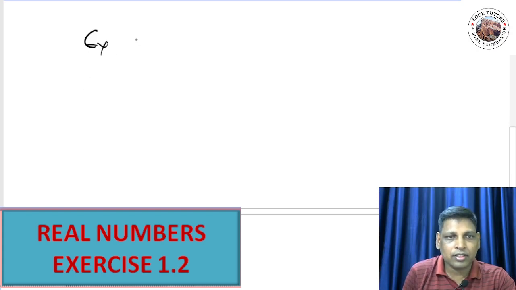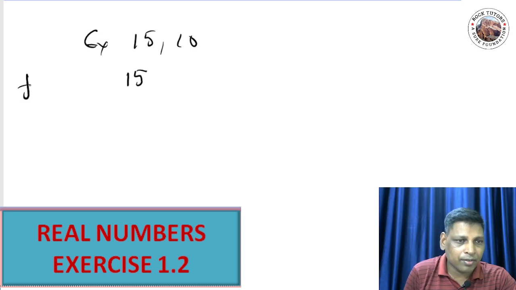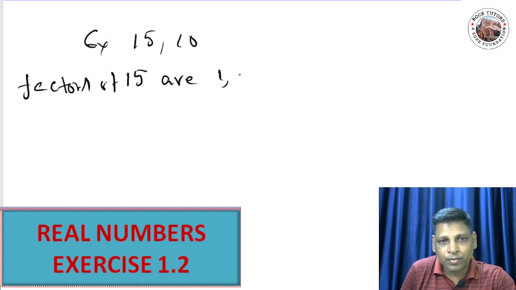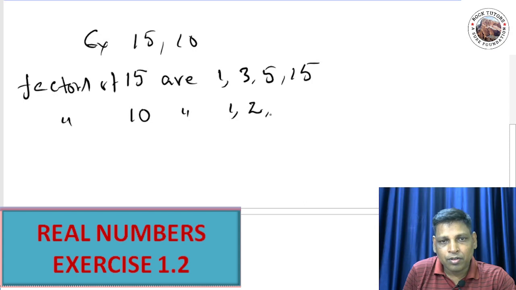The factors of 15, as we just discussed, are 1, 3, 5, 15. Now the factors of 10 are 1, 2, 5, 10.